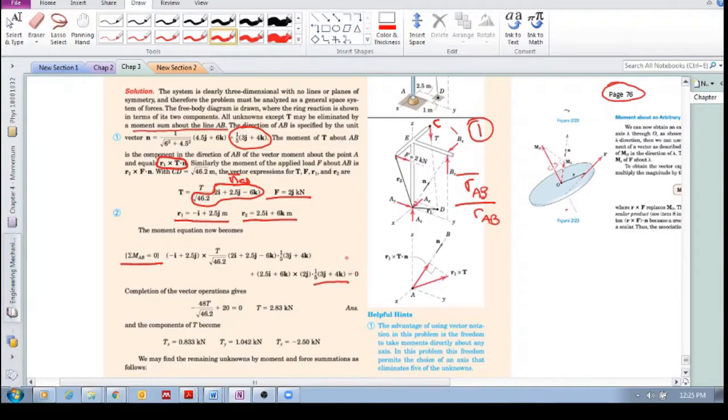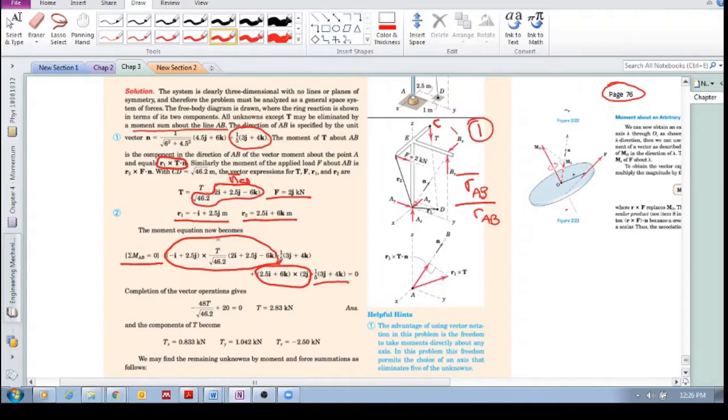Then we can solve for T. So the only unknown that we have is T. Remember, we've got a vector here that gives us a moment, and that gives us a moment.